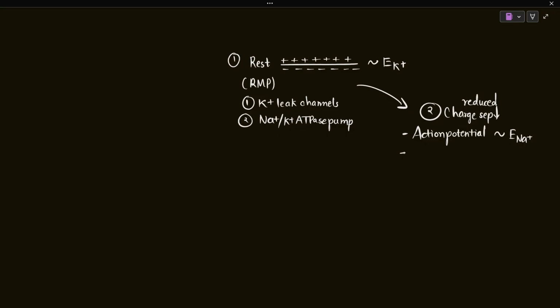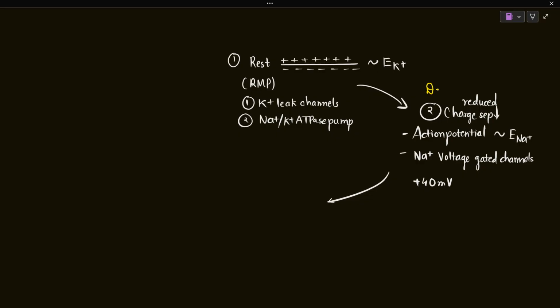Then once this positive value is achieved by the cell, it starts repolarizing. This first stage is known as depolarization. In the repolarization state, whatever charge separation was reduced, the cell starts regaining.